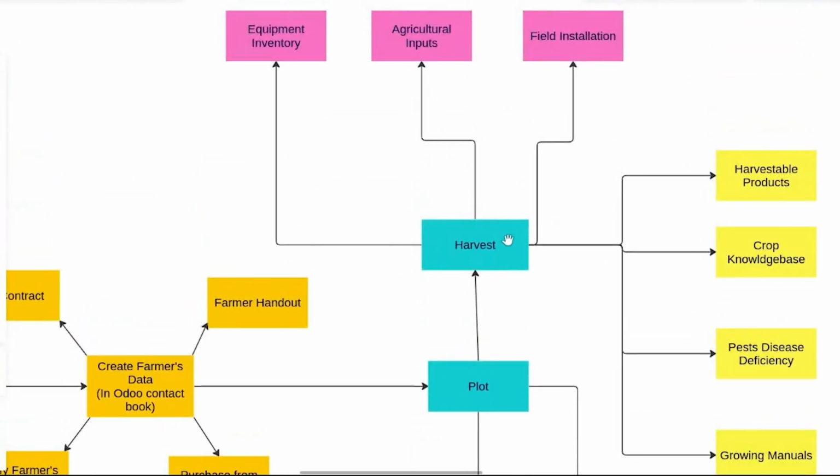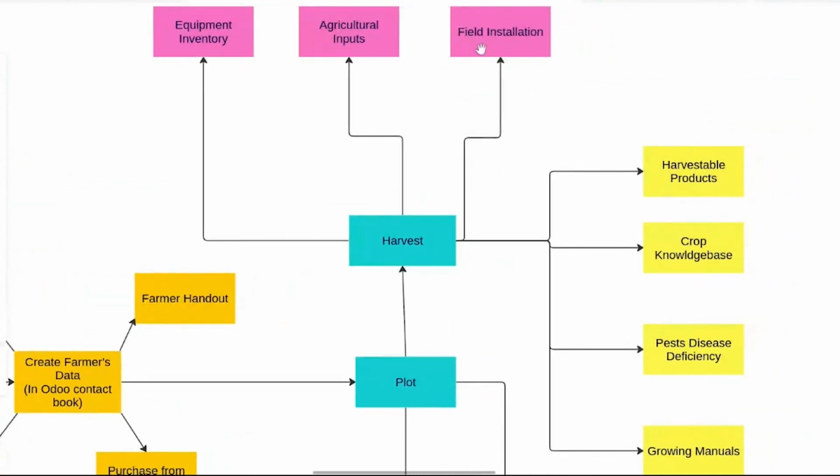Now, when we come to the harvest part, inside harvest we can categorize our inventory into multiple parts. The first is all our equipment inventories, and how we are maintaining all those equipments. We also have one menu to store all the agricultural inputs.